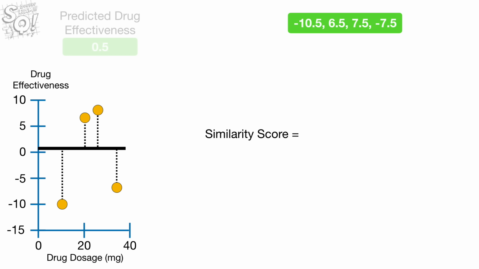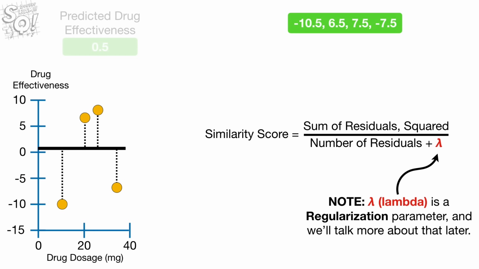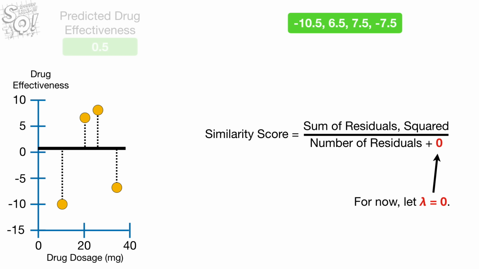The similarity score equals the sum of the residuals squared over the number of residuals plus lambda. Note: lambda is a regularization parameter, and we'll talk more about that later. For now, let lambda equal 0.